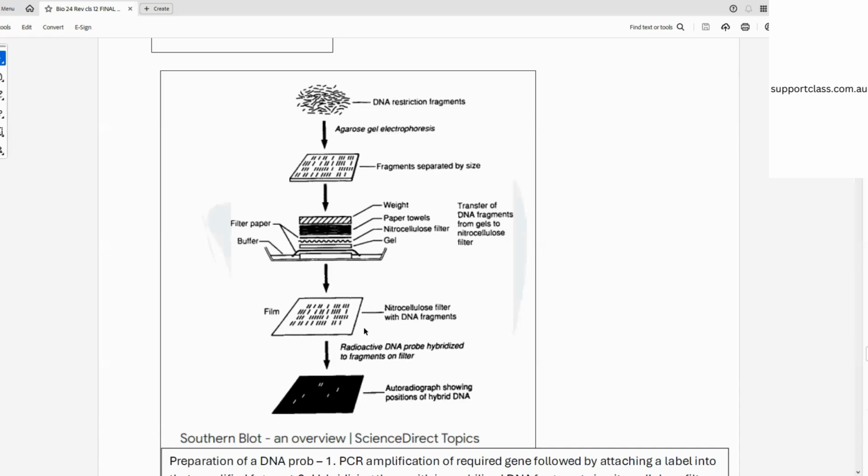So how do we do that? How do we transfer a gel to nitrocellulose paper? A small technique called Southern blot. So look at this, this is a tray, right? Inside the tray you get a buffer. Buffer means a solution which has a controllable pH, because at that pH DNA is stable, right?